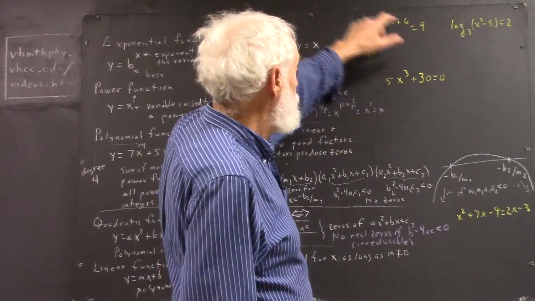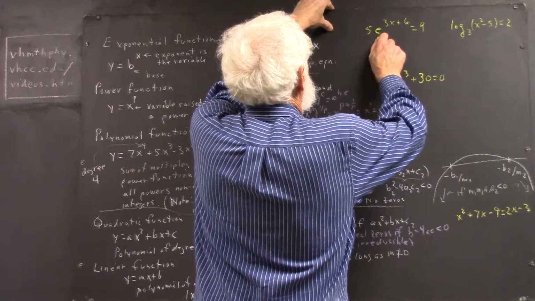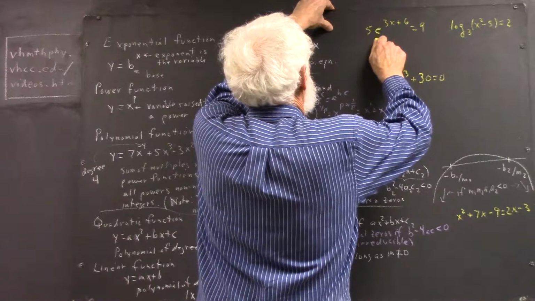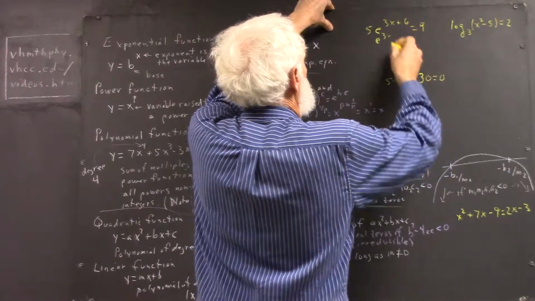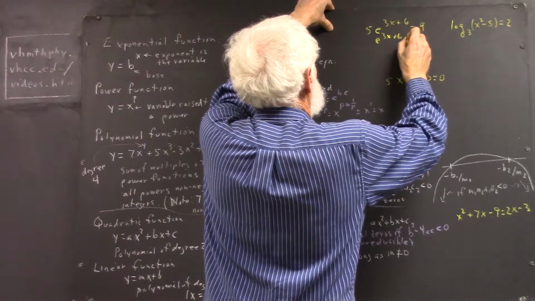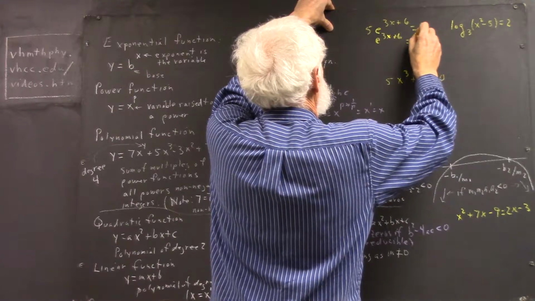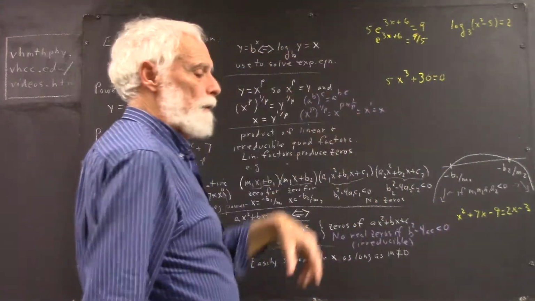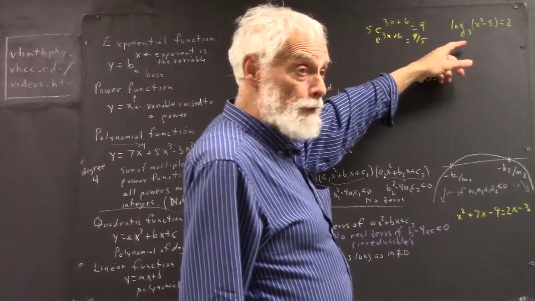Okay, this equation can be, now again, in class notes, in class videos, we go through in a lot of detail how we solve these, but we divide both sides by 5.